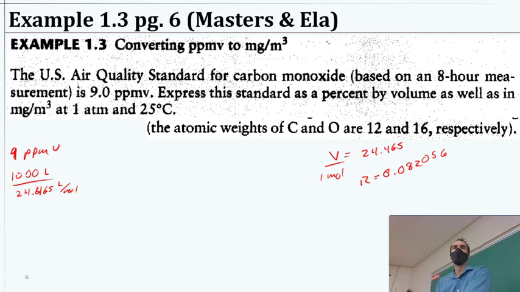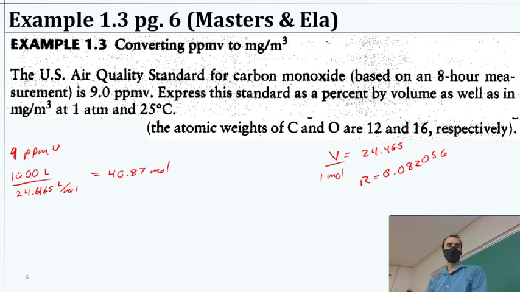That'll give us how many moles are in 1 cubic meter of an ideal gas at 25 degrees Celsius. And it turns out that is 40.87 moles.